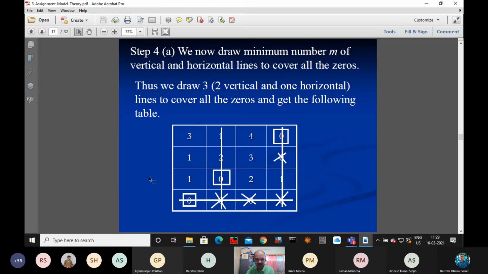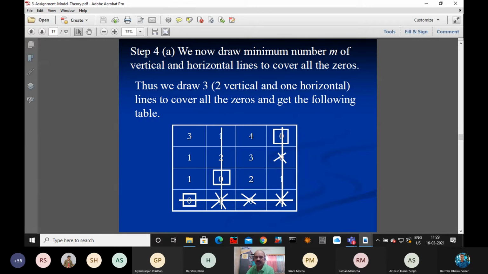You can see here there is a 0. In the second column we have drawn a vertical line, and in the fourth row a horizontal line. This is the crossing. So at the crossing, whatever you subtracted should be added here. So we add here, and that becomes 1.